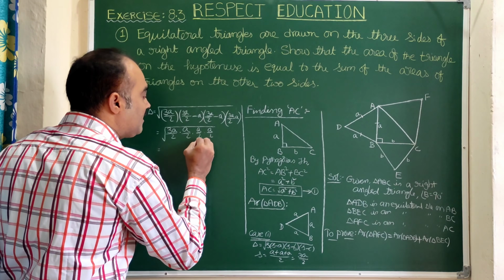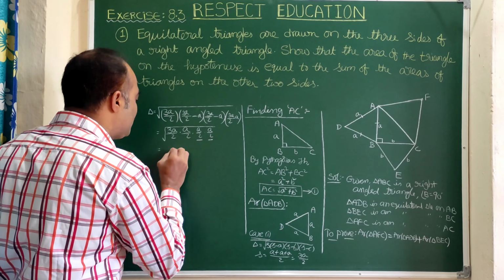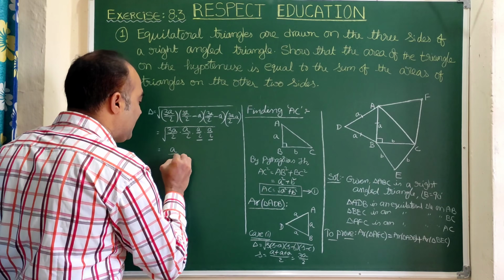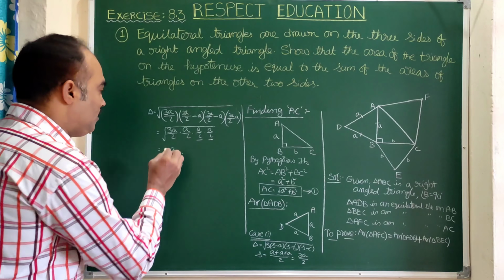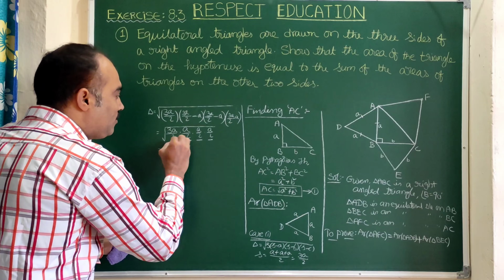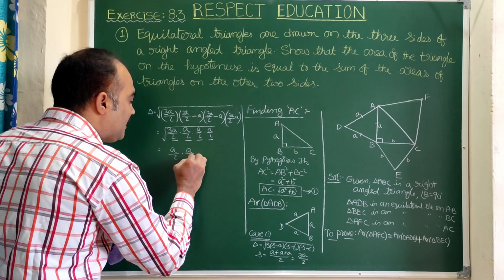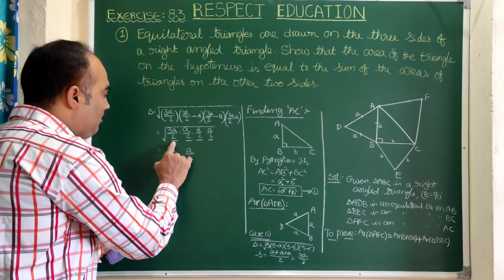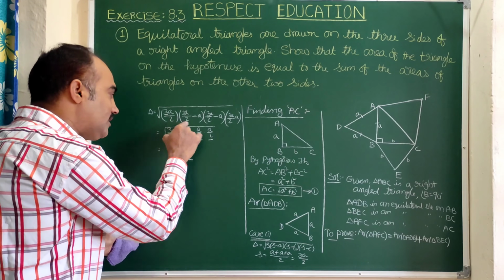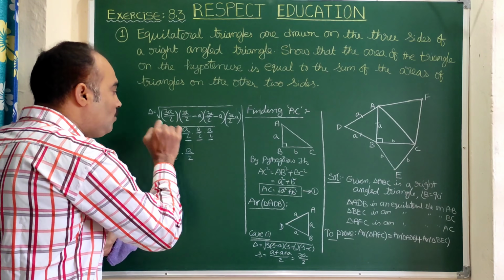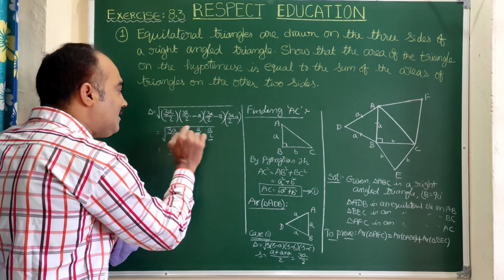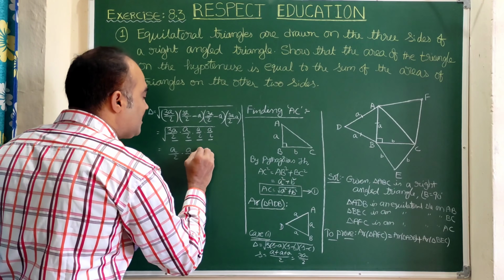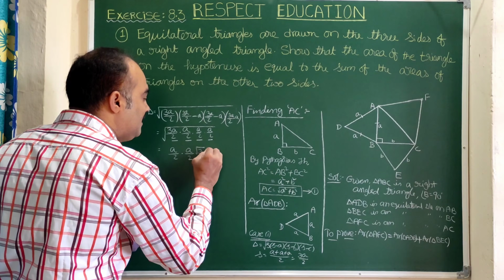So instead of three A by 2s, one A by 2 can be taken. Now only root 3 is left without a pair, so let us maintain the root 3 as it is.